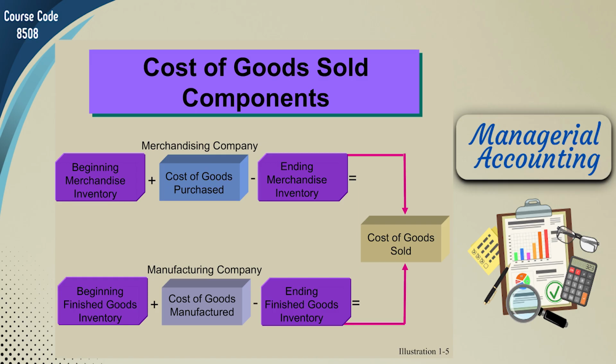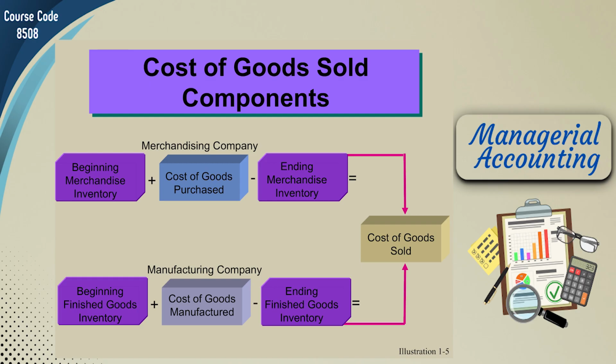There are two types of organizations: merchandising companies and manufacturing companies. The cost of goods sold statement is prepared separately for these two enterprises.